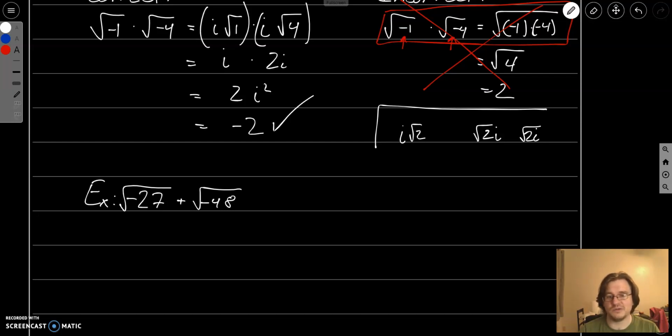So in order to avoid any confusion, I'm just going to put the i out front, and it'll be a lot easier to see when I'm multiplying that it's an i times the square root, and I'm not taking the square root of an i.